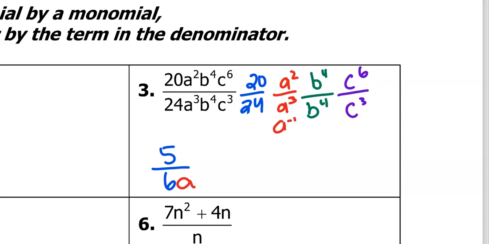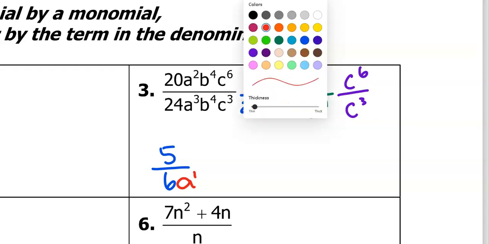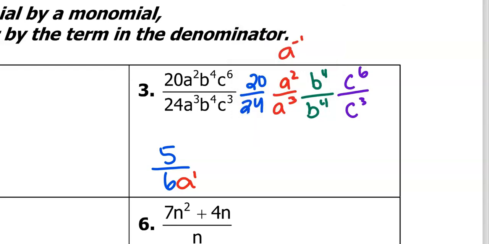It's a to the negative 1 power, which means a to the power of 1 is going to drop down to the denominator. I'm going to do it above it to show. Now b4 over b4 is b to the power of 0, which equals 1. They cancel out. This is equal to the number 1.